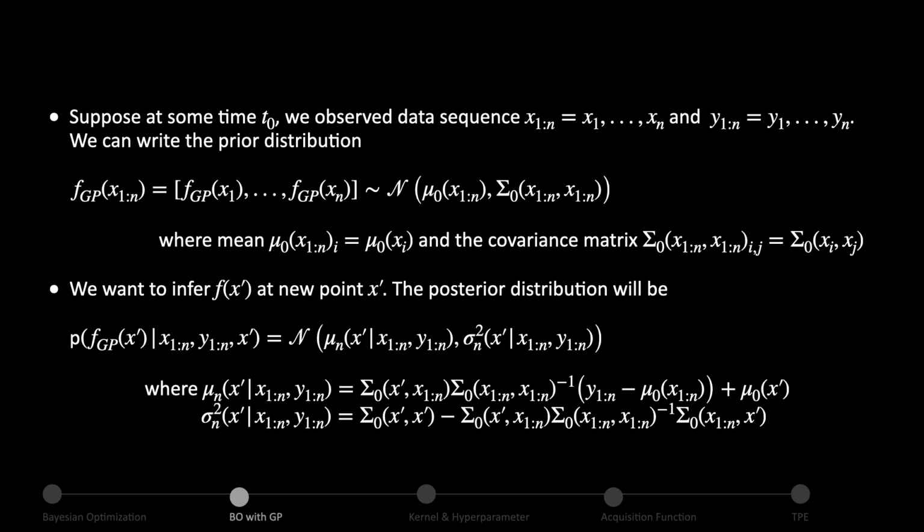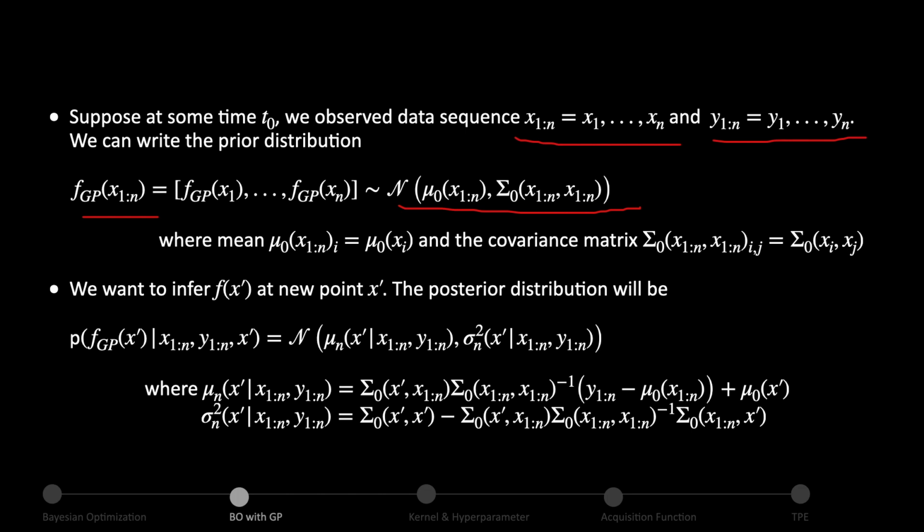Because the BO algorithm is modeled by Gaussian process regression, we can write the prior and posterior down. Suppose at time t0, we observe our data sequence x1 to xn and y1 to yn. We then write the prior distribution: FGP of x1 to xn is a normal distribution with mean mu0 and covariance matrix sigma 0.